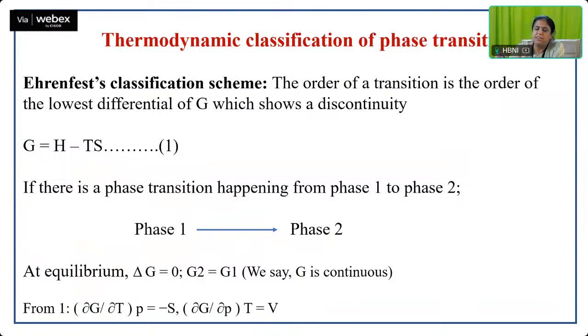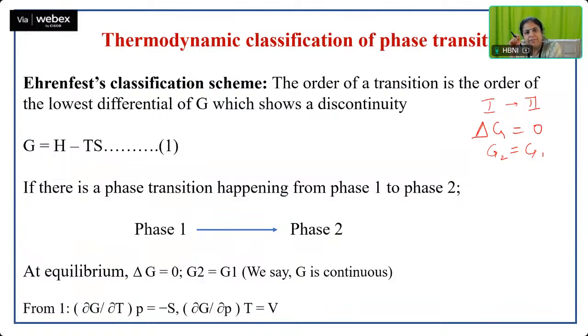Continuous means, let's say I'm talking about the reaction at equilibrium. At equilibrium, delta G is 0. So delta G is 0 means, let's say my phase transition was happening from phase 1 to phase 2, and delta G at phase transition temperature is 0. Which means that G2 is equal to G1.